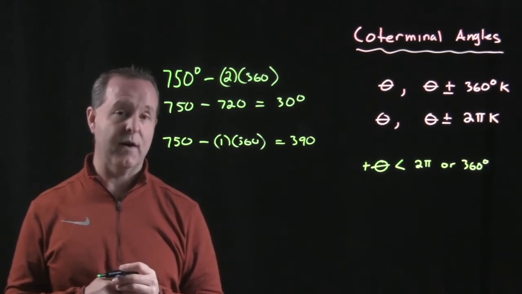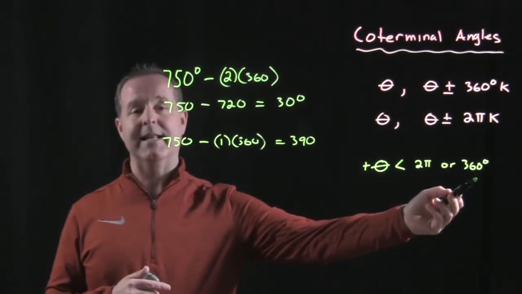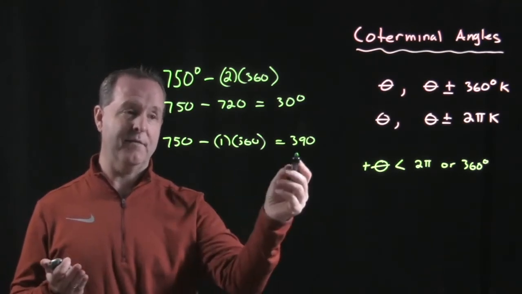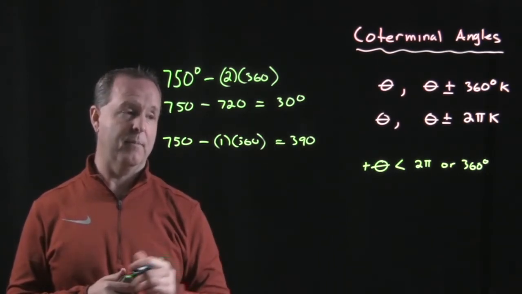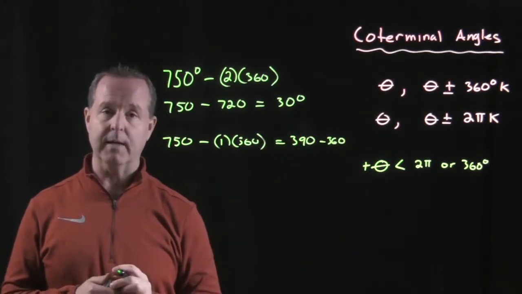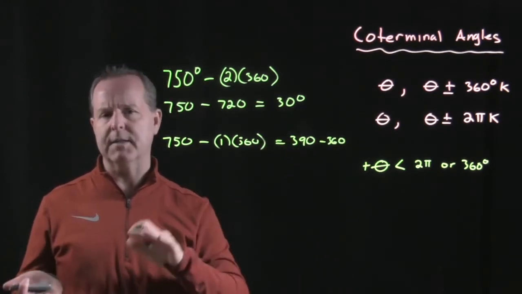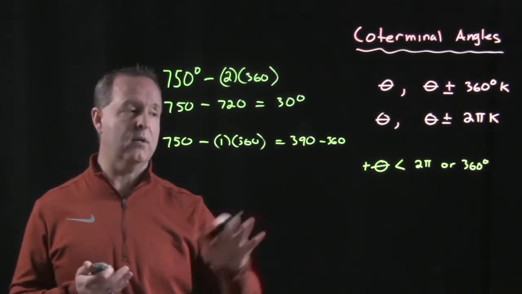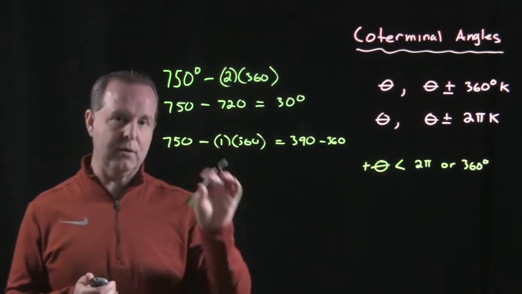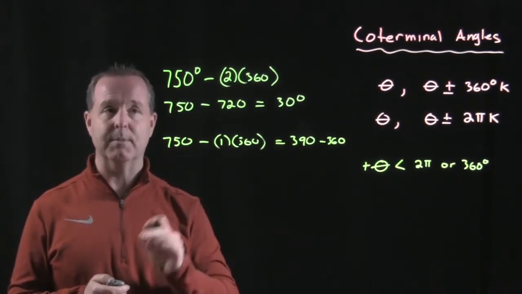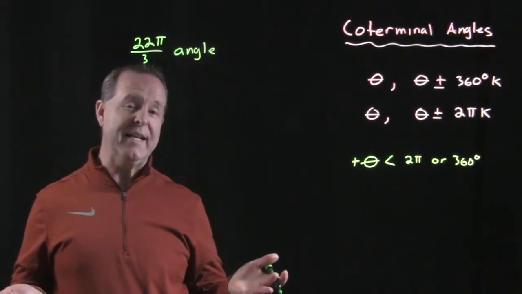And that doesn't satisfy my initial requirements, which meant that it had to be less than 1 full revolution, less than 360. So I have to subtract another 360, and I get to my 30 degrees. So that's helpful for you to understand how many revolutions you need to add or subtract, because your end result has to be within 1 revolution of that circle for the requirements in these particular examples. So what do we think we need to do on this one?